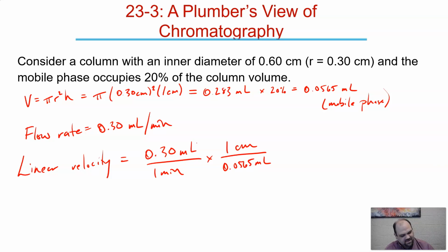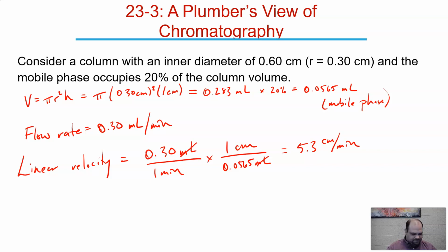Right? And so our milliliters here cancel, and we're left with 5.3 centimeters per minute. And so let's say we had a 10-meter column. It would take almost 2 minutes for the mobile phase to make it through the length of that column.